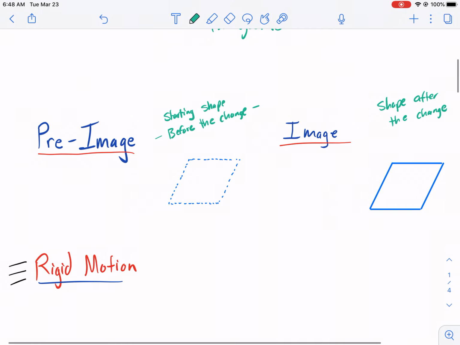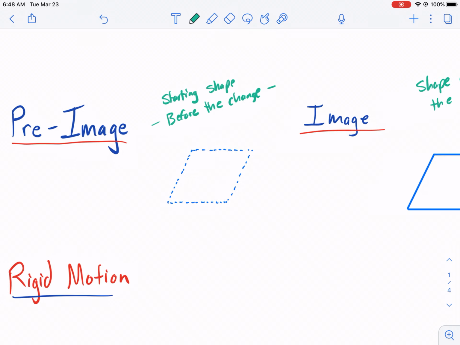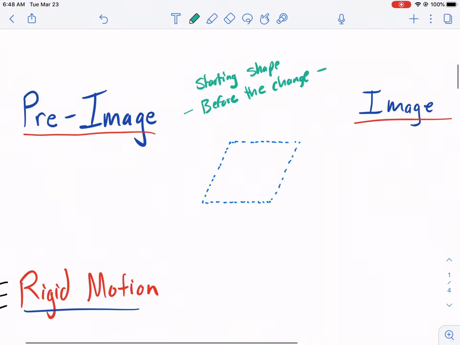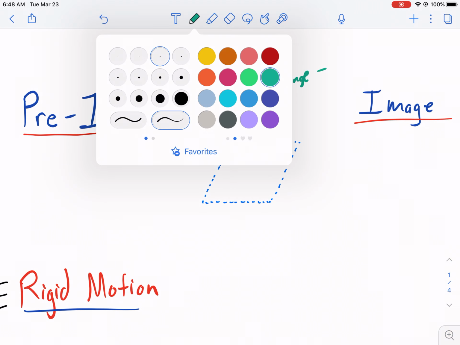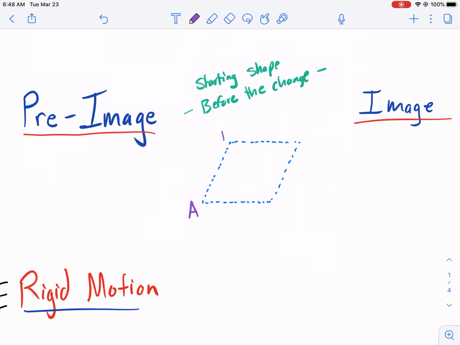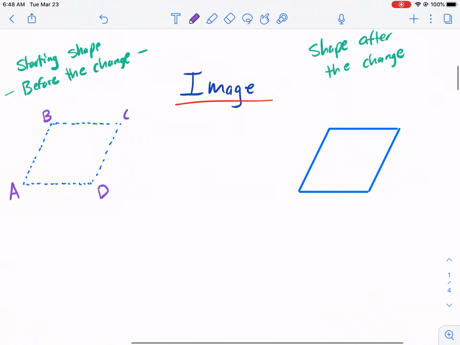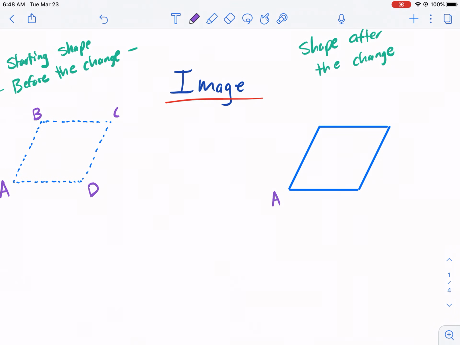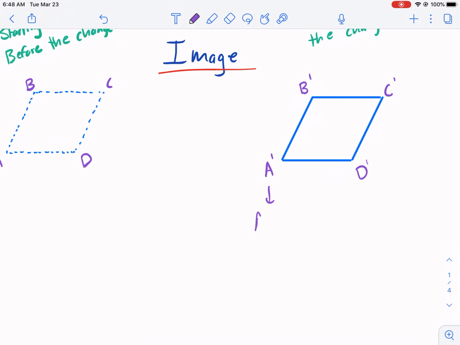Usually we have the pre-image, and it's labeled something like, let's choose purple, A, B, C, D. That's the pre-image. And then the image will usually be labeled A prime, B prime, C prime, and D prime. That's what the apostrophe is called. This is called A prime.